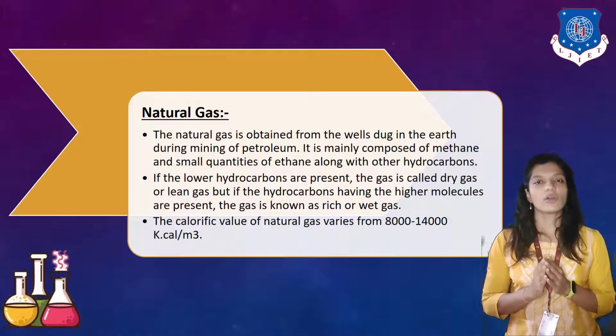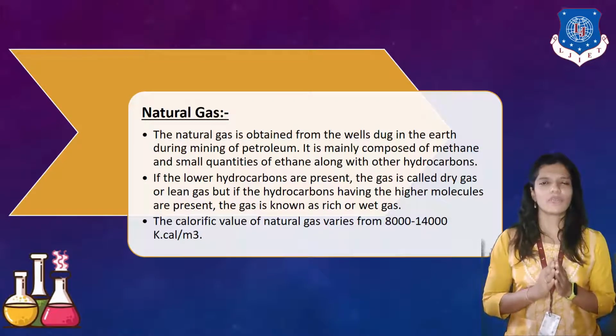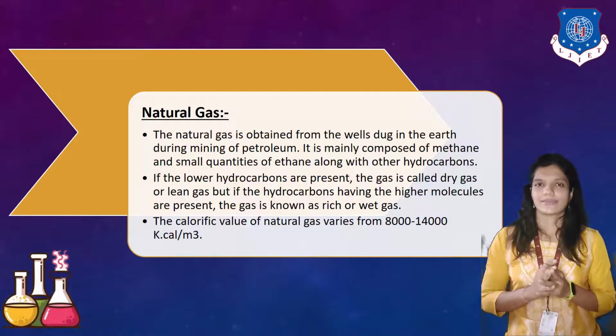If the lower hydrocarbons are present, the gas is called dry gas or lean gas. But if hydrocarbons with higher molecules are present, the gas is known as rich or wet gas.